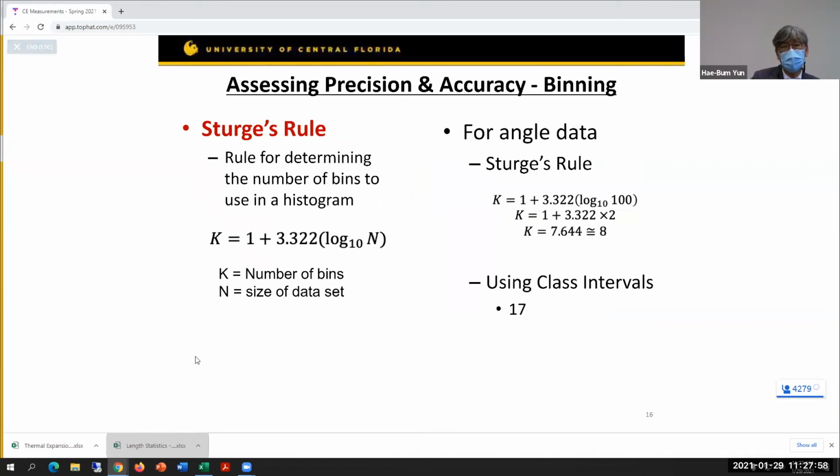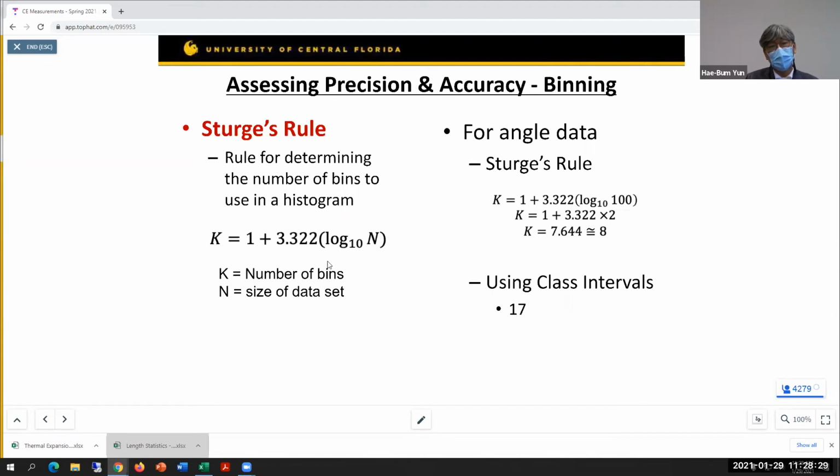The second method is using the Sturges rule. This is not a rule that you always have to follow. It is sort of a rule of thumb, but it is a good value to start with. The Sturges rule is a rule for determining the number of bins to use in the histogram.